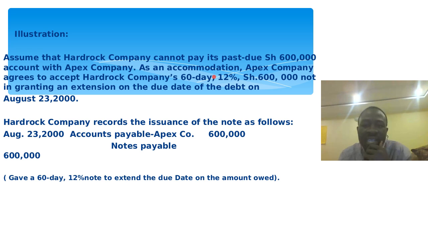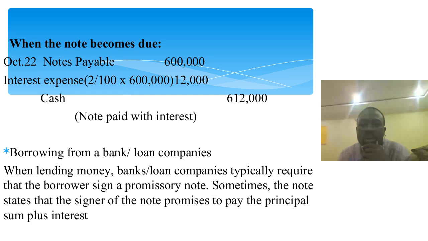So first of all, you calculate 12% of 600,000.